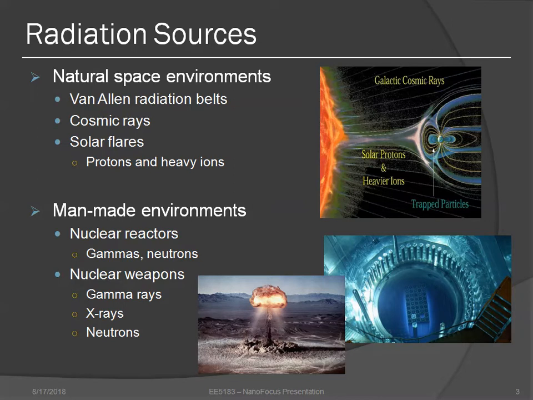Cosmic rays from outside our solar system and solar flares also fall under this category. Two of the most well-known sources of man-made radiation are the nuclear reactors, shown on the right, and the nuclear weapons, shown on the left. Those sources are primarily comprised of gamma rays, X-rays, and neutrons. So obviously not a comprehensive list, but it gives an idea of some of the sources that we have to deal with.